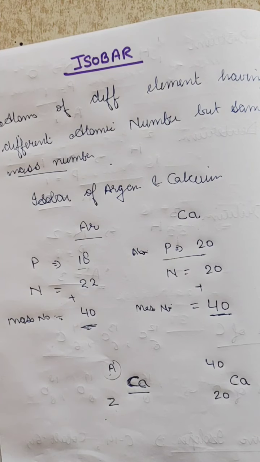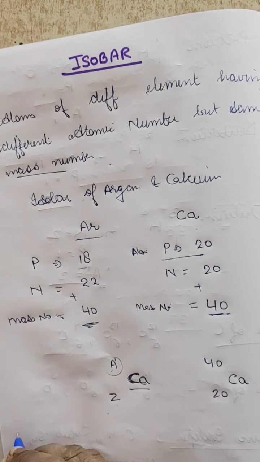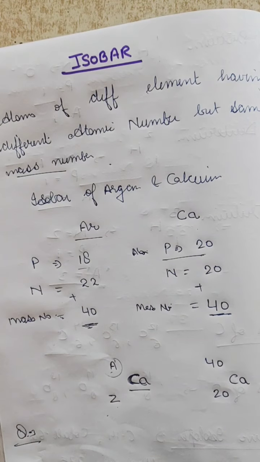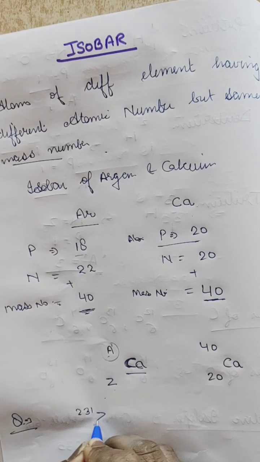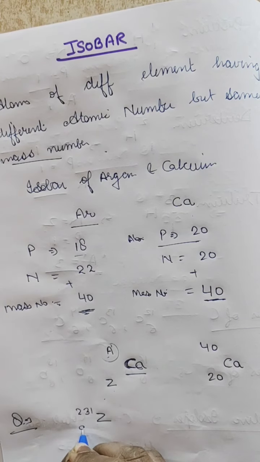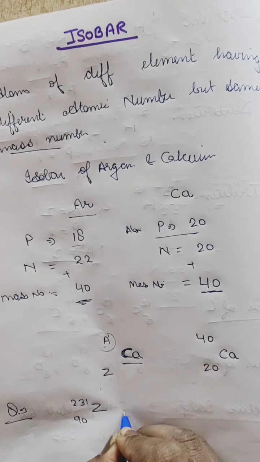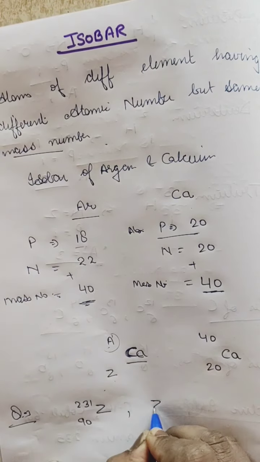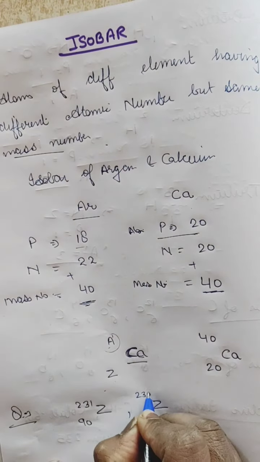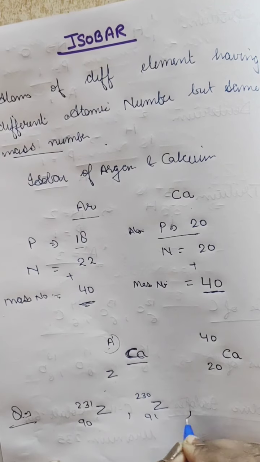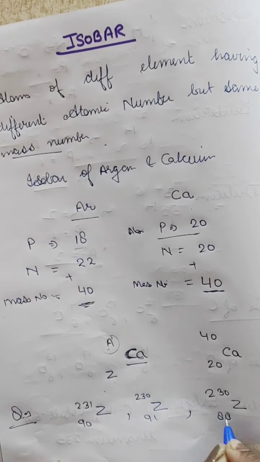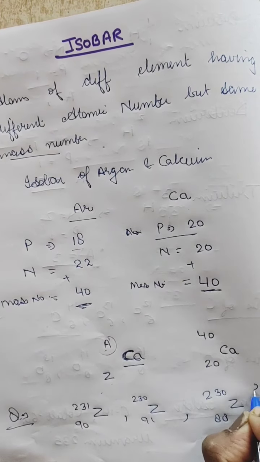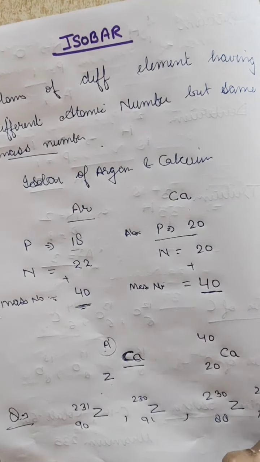Okay, so now we will be doing one question. We have been given some elements. We will just write no element names, just Z, or we can also take X, like 231, 230, 91 and 230, 90 and 88.